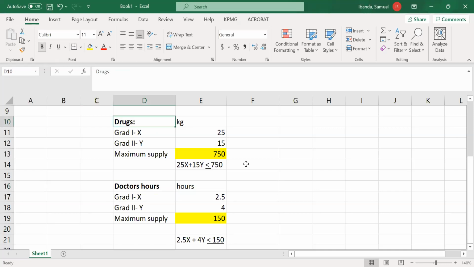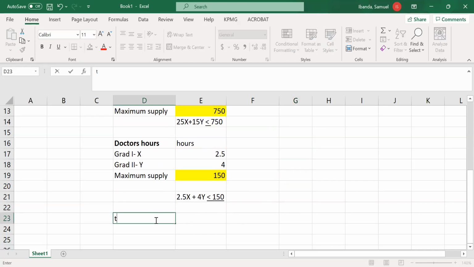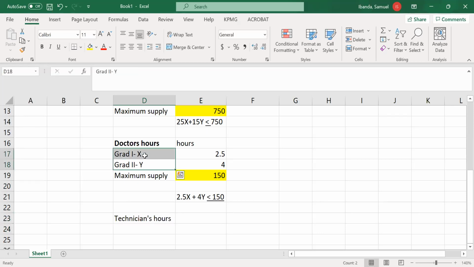So the next thing I'm going to look at is the technician's hours. Let's see grade 1 and grade 2. When it comes to technician's hours, they have told us that one grade does not require the services of a technician.